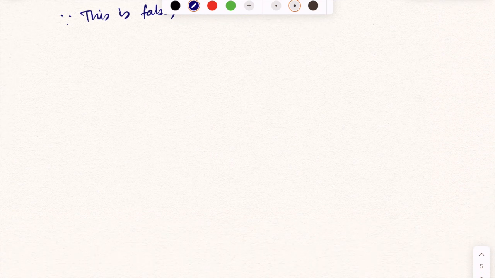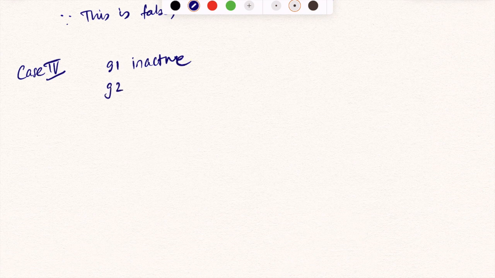Let's move on to case 4, which is the case that both constraints are inactive. So G1 inactive, G2 inactive, which means lambda 1 is 0, but lambda 2 is also 0.